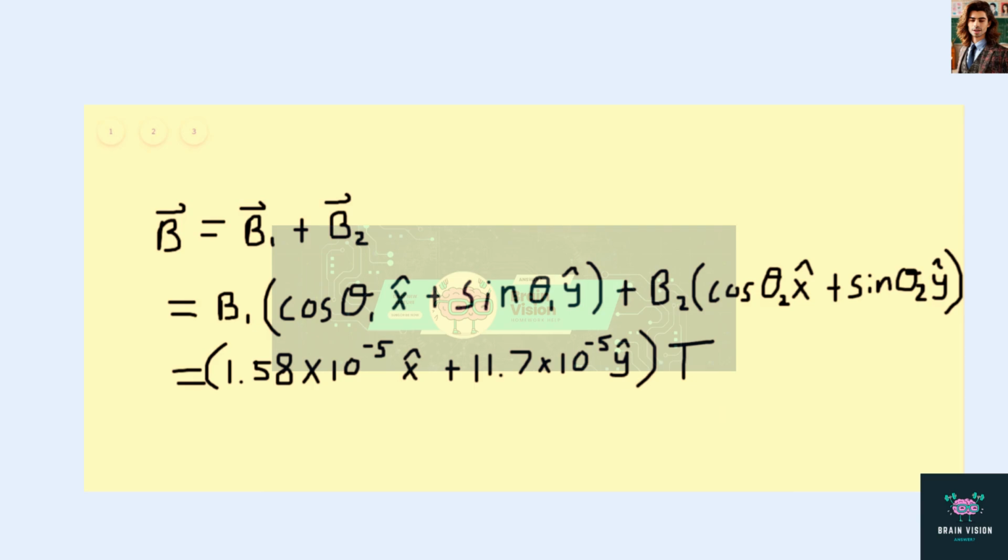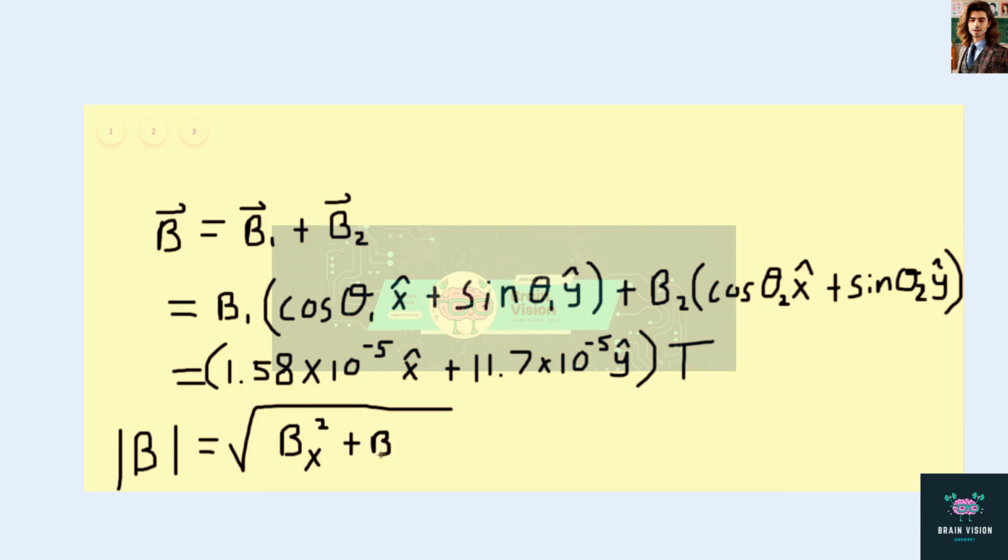Okay, so what we just found here is our b of x and our b of y components. b of x is 1.58 times 10 to the minus 5, and b of y is 11.7 times 10 to the minus 5. Therefore, we can determine the magnitude of b, because using the Pythagorean theorem, it is simply the square root of b of x squared plus b of y squared.